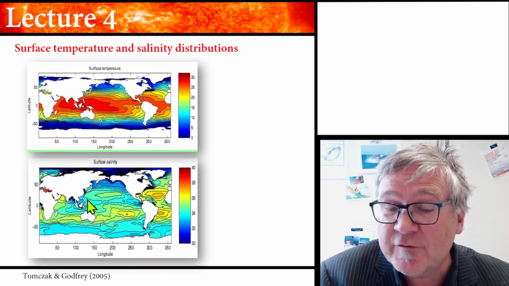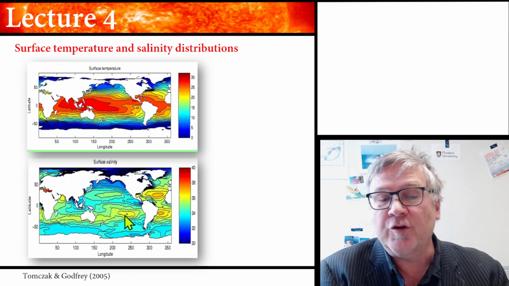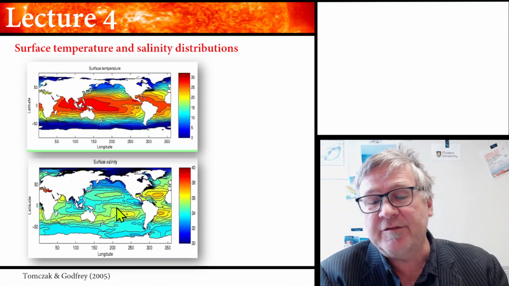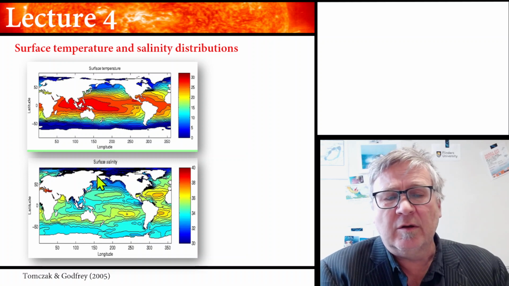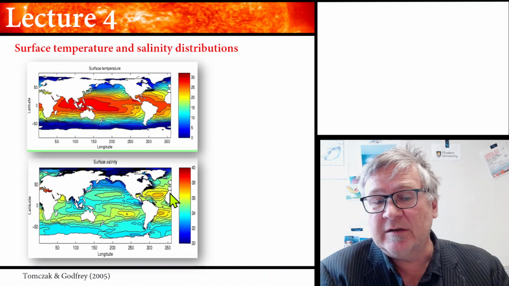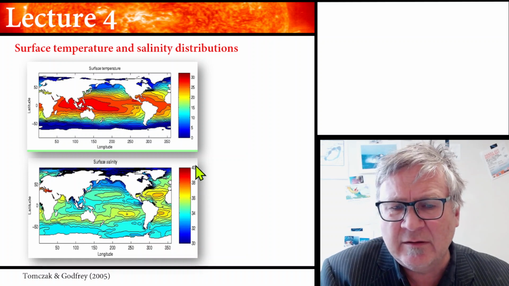In terms of surface salinity in the ocean, it is also shown here. You can see some regions have a lower salinity in blue compared to other areas where it's more orange in color. But what are the magnitudes here?